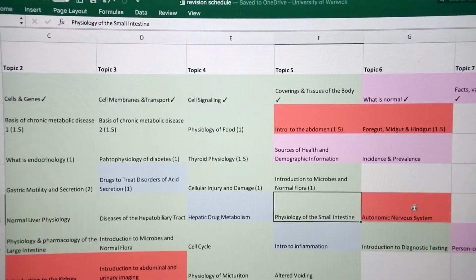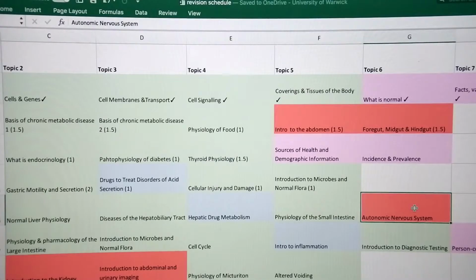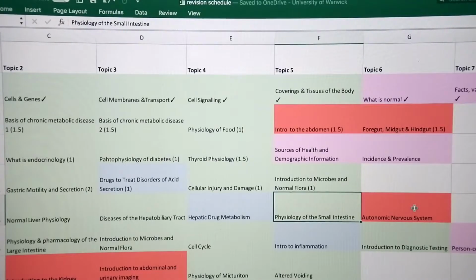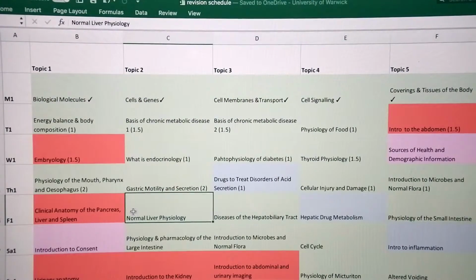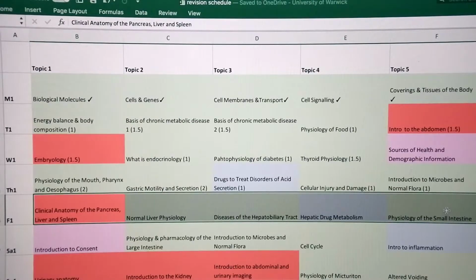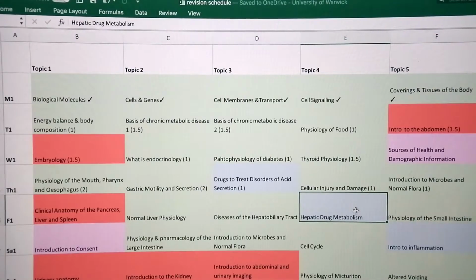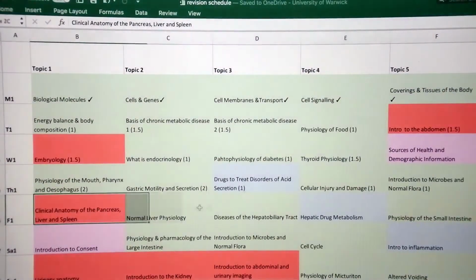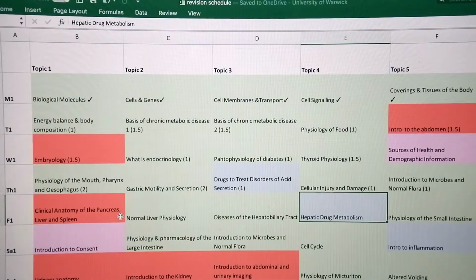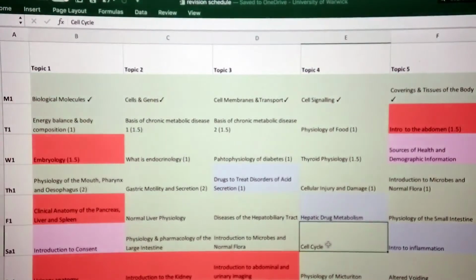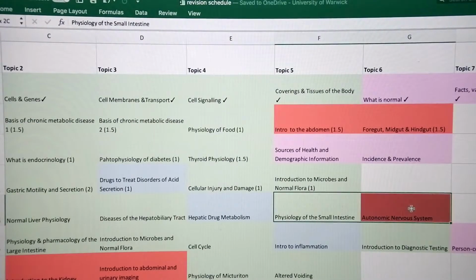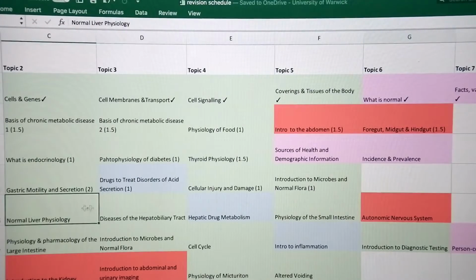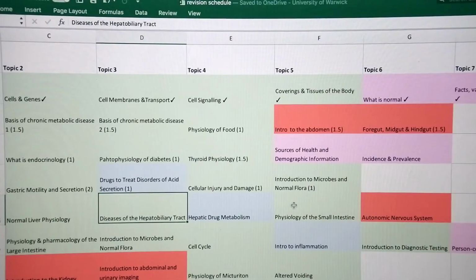In addition to that, the physiology of the small intestine and autonomic nervous system, they're quite content-heavy lectures, and considering that in my undergrad I actually did a final year module on the liver and its role in health and disease, and also my dissertation was on the liver, I actually feel really confident with the liver, and I know that although those are 4 lectures on the liver, they shouldn't actually take me that long to do, and as a result of that, that's why I've decided to do 6 instead of 5, but that's purely because I know I'm more confident with the liver than something else, for example.